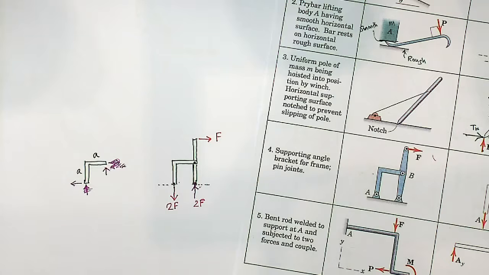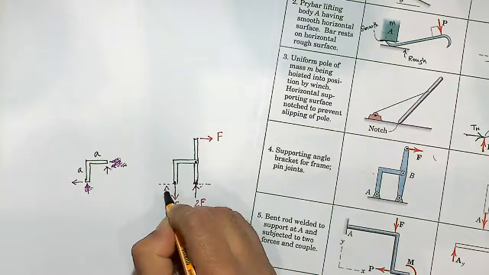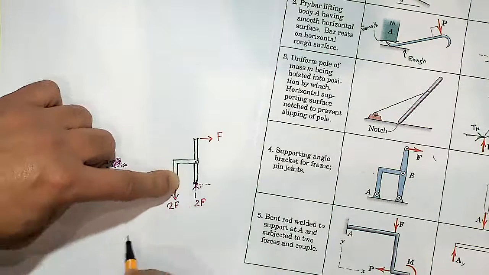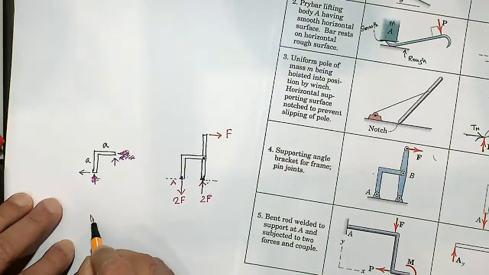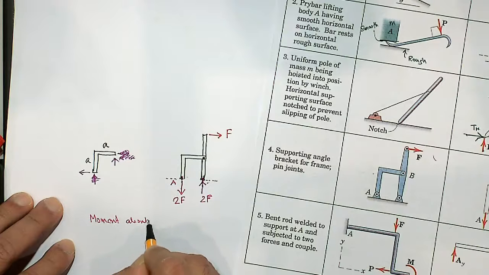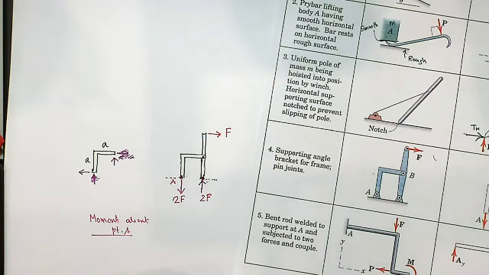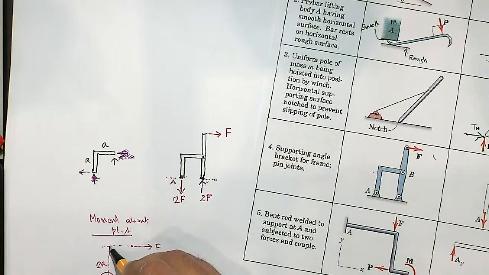So let's take this point as point A. If you take moment about point A, you have got two forces. Say this is point A, and here the force F is acting at a distance of 2A. So what is the moment? It is force times the perpendicular distance.